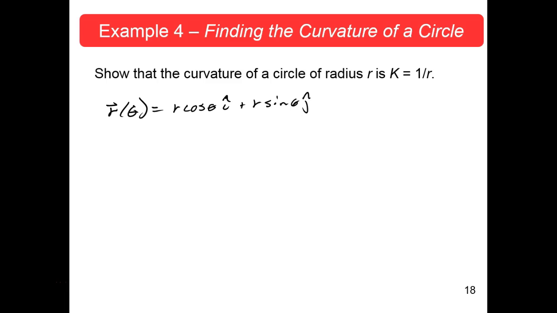Well, if you think back to trig days, when we first introduced the arc of a circle, or arc of any curve, but we were talking about circles then, we learned that s is equal to r theta. Okay, s is equal to r theta.